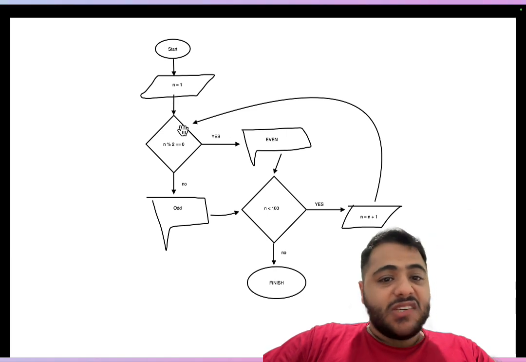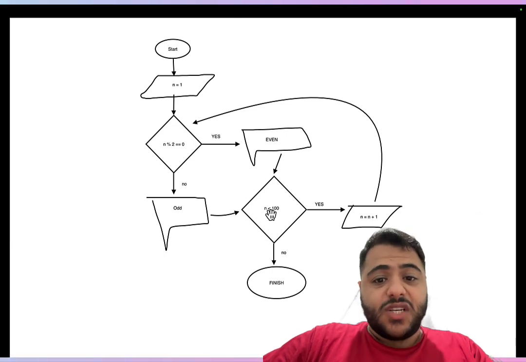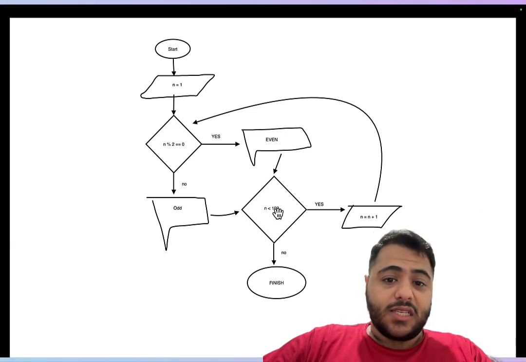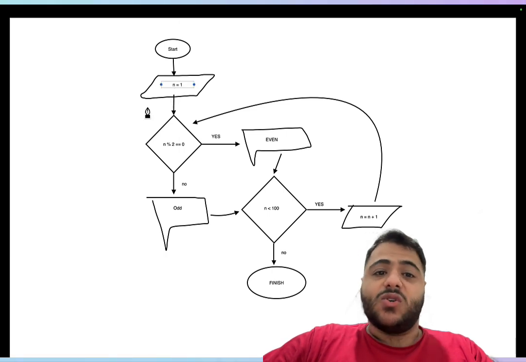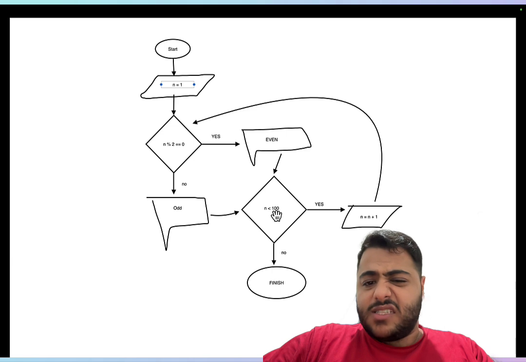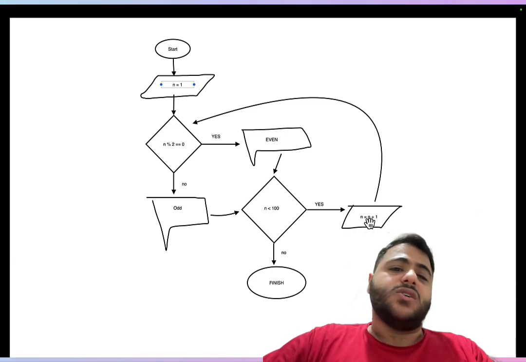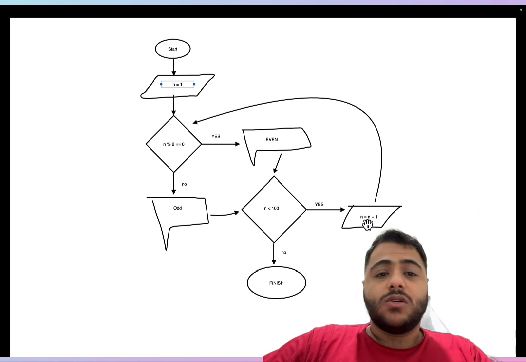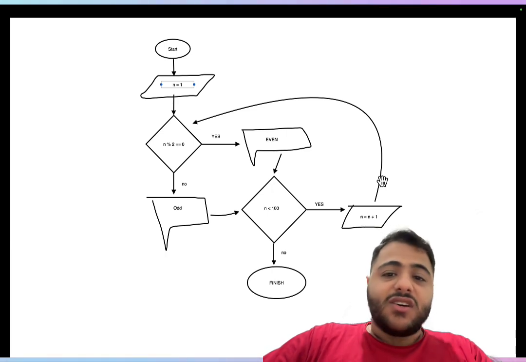So whether it was even or odd, it doesn't matter. After that, we check if n has reached 100. In this case, no, we have just started, so n is equal to 1 for us. If it is less than 100, we add 1 unit to it, so it's going to be 2, or whatever it is plus 1, and we check it again.